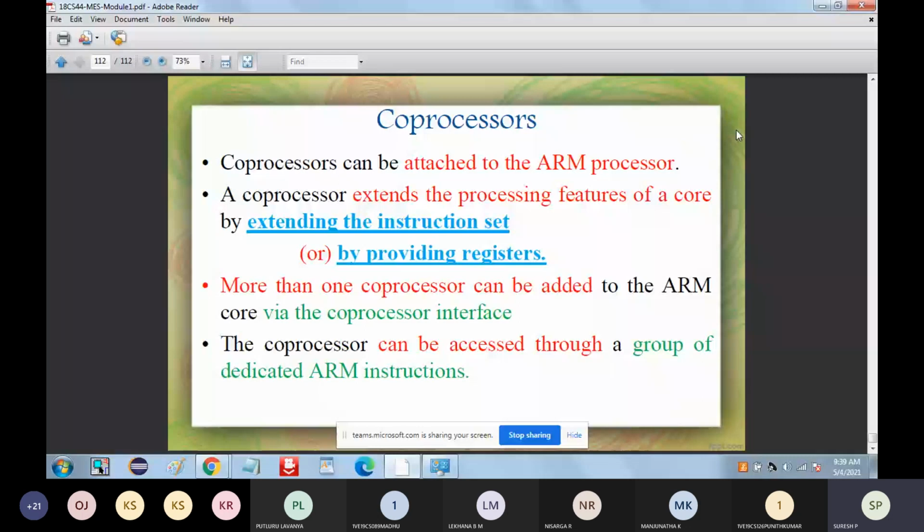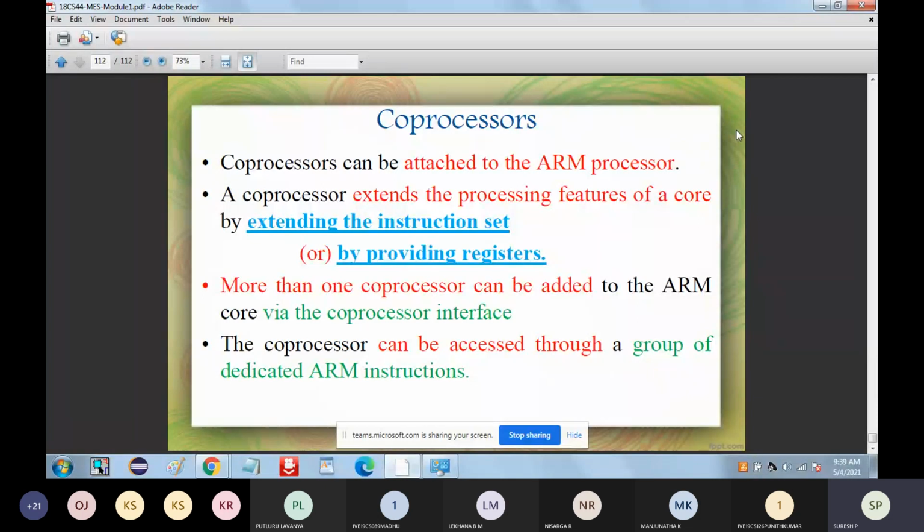A coprocessor extends the processing features of the core by extending the ARM instruction set, or by providing configuration registers. Depending upon the configuration registers, the coprocessor will be attached to the ARM core and mapped. One set of registers will be in the ARM, and another set of registers will be in the other processor attached to the main ARM processor.